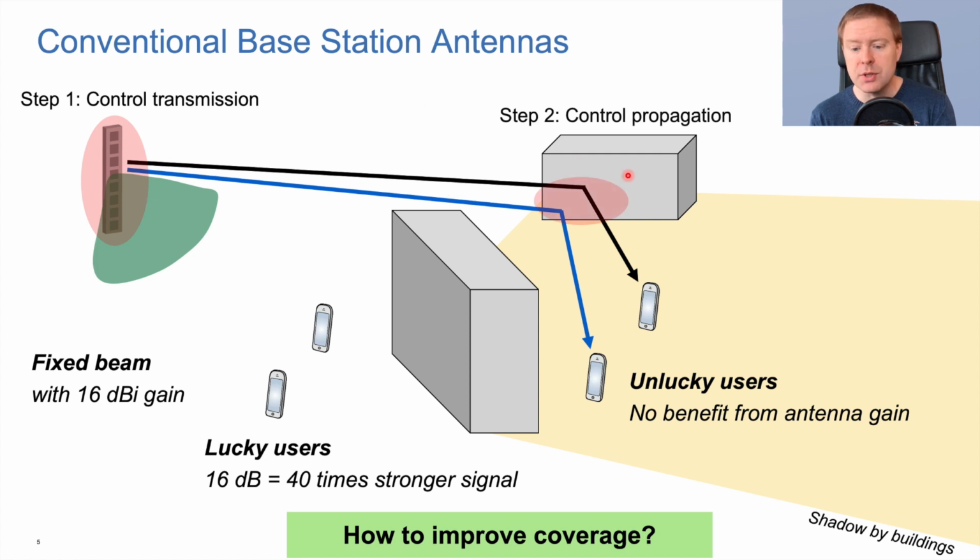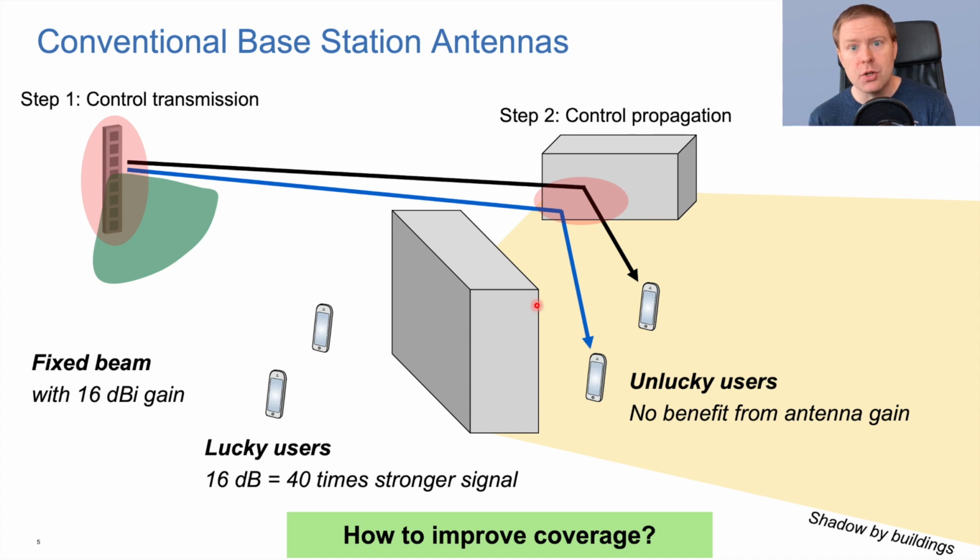The second option is to control the propagation environment. How can we control it? Well, we can put up some additional equipment here, or we can select what kind of materials exist, or we can essentially move around our base station and select where to put it so that we are getting good propagation conditions.